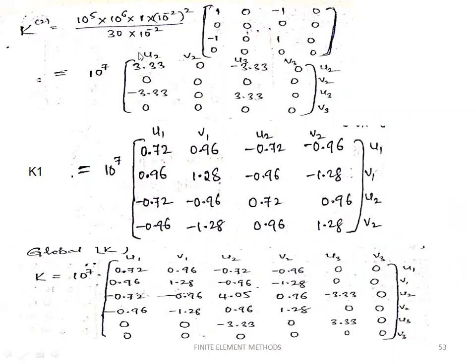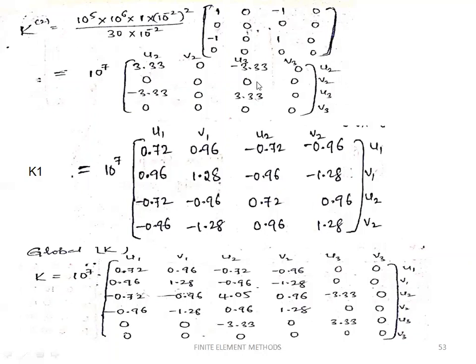Similarly, the column numbers should also be mentioned as u2, v2 as well as u3, v3. So the minus 3.33 is, say, the entry in this matrix at position u3 by u2. For this purpose, because we need to know each and every element's position, once you give the row numbers and column numbers, it is very easy to identify each and every element position.